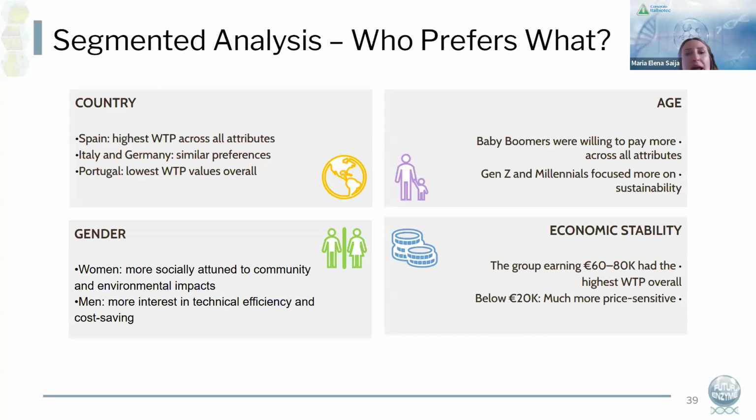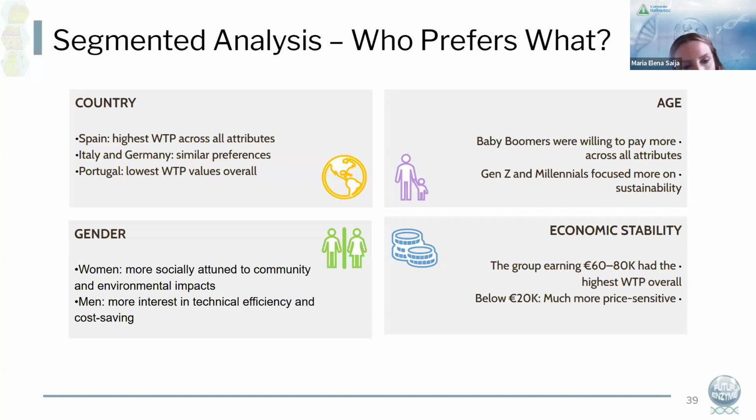What is the analysis of our results in terms of segmentation analysis, as I mentioned before? First of all, as you can see, Spain shows the highest willingness to pay across all attributes, and on the other hand, the Portugal sample has the lowest willingness to pay overall.